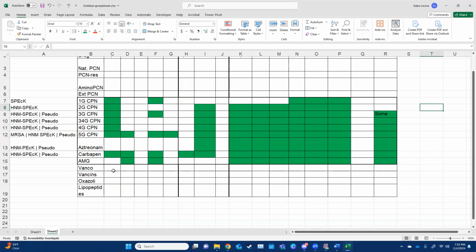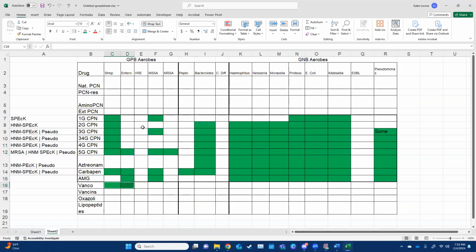All right, vancomycin. Vancomycin is a broad gram-positive antibiotic. So it is going to work on staph and strep, and it covers entero and MRSA.